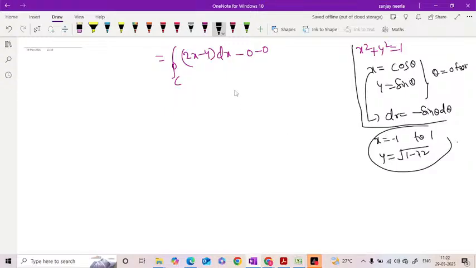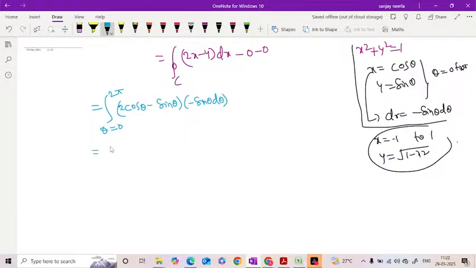Or you can convert it to polar form. Anyway, here I am using the polar form. So in polar form, theta is 0 to 2 pi, x is cos theta, y is sin theta, and dx is minus sin theta d theta.